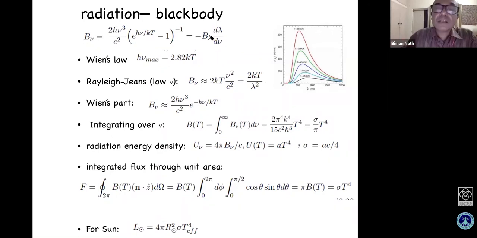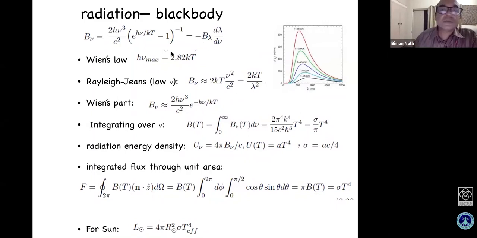Okay, so there is a slight subtlety here. When we say nu max, what does it mean? The peak with respect to frequency or the peak with respect to wavelength? There's a slight difference here, and one should keep that in mind. And it's good to probably alert the students to this subtlety.